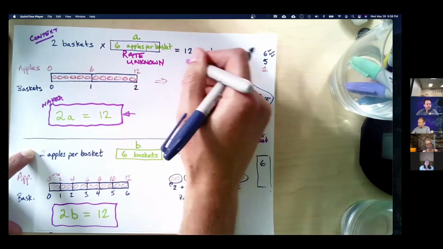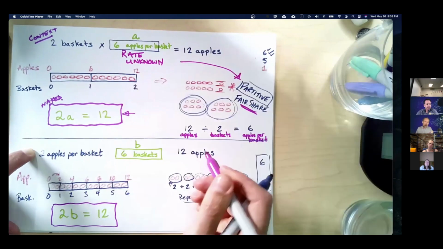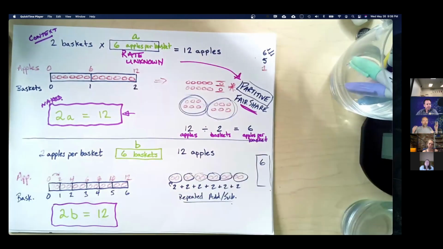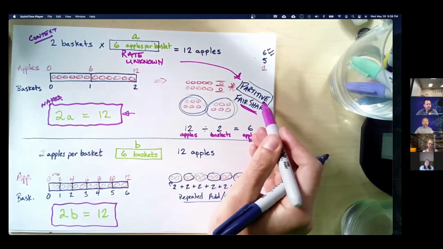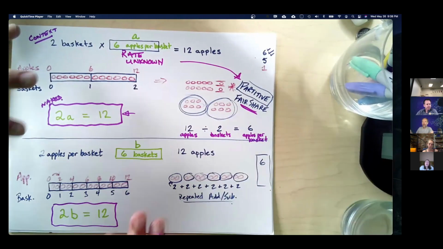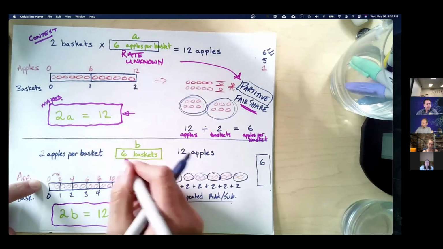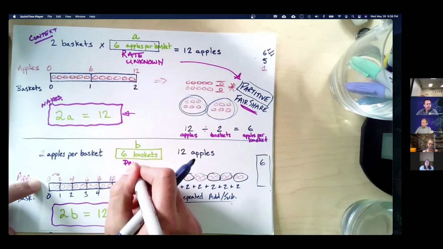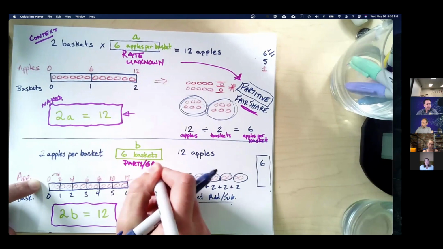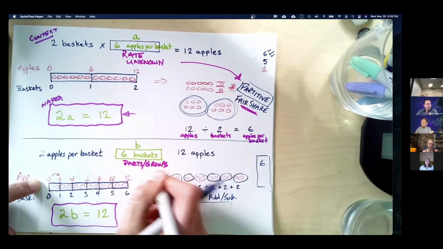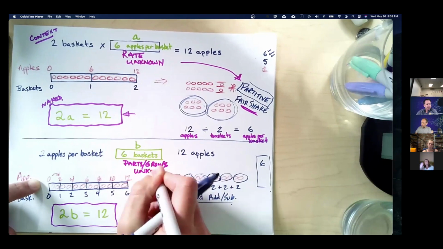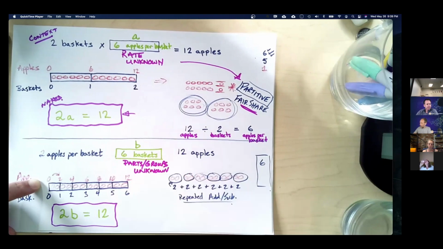That is how I know now that it's partitive. It's something I've developed over time. I wouldn't say memorize that. You just want to know there's two types: in one of them you're revealing a rate, and in the other one the parts or the groups are unknown. And this one is called quotative.